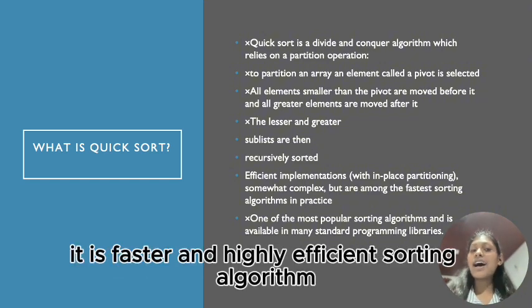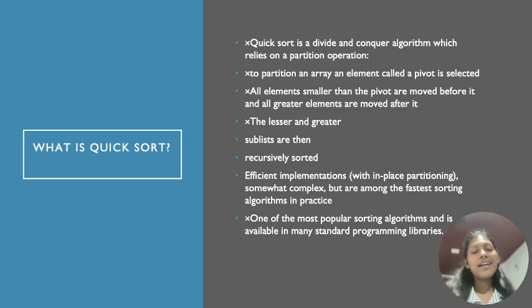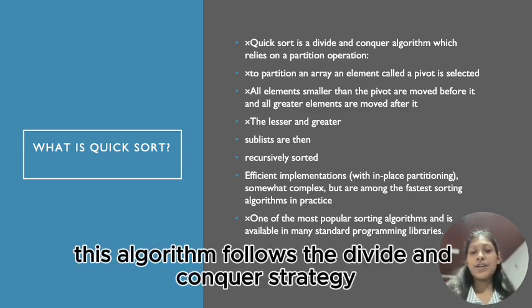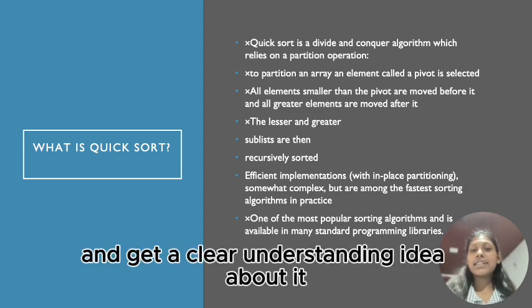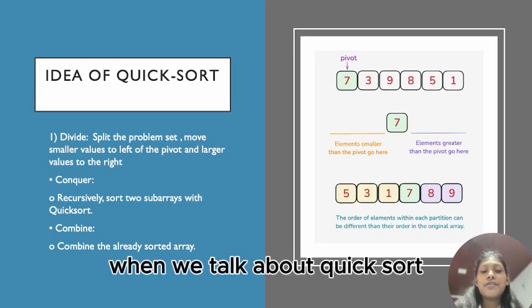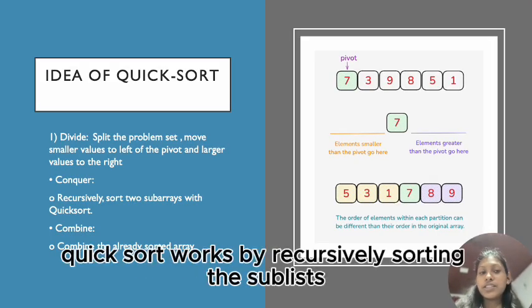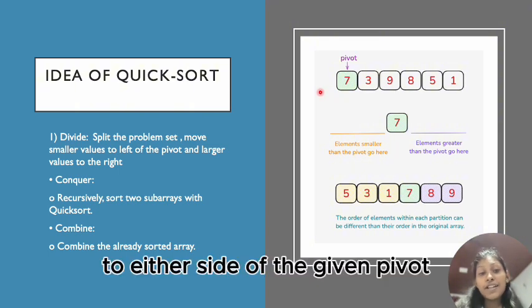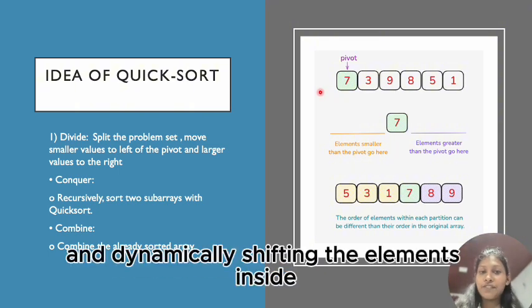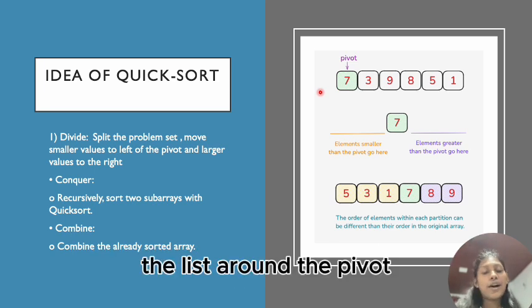It is a fast and highly efficient sorting algorithm, and it follows the divide and conquer approach. Quicksort works by recursively sorting the sublists to either side of the given pivot and dynamically shifting the elements inside the list around the pivot.